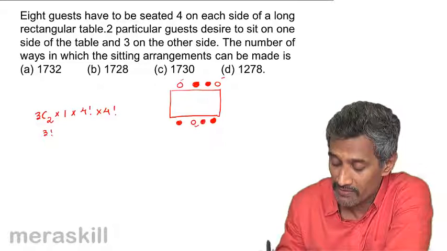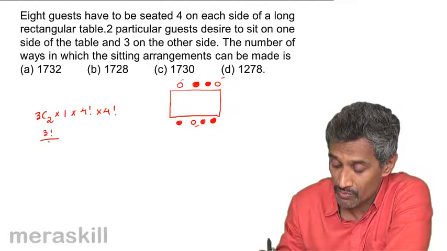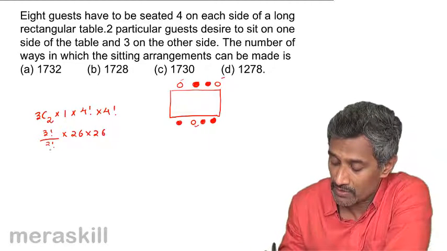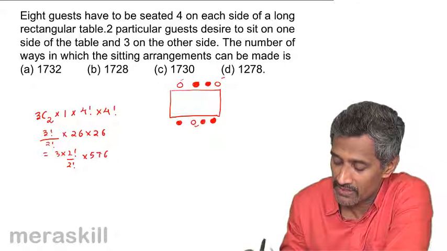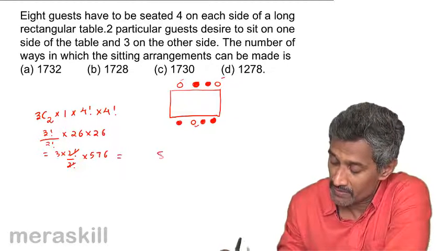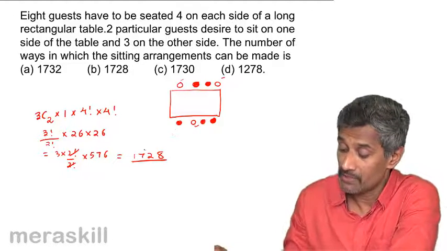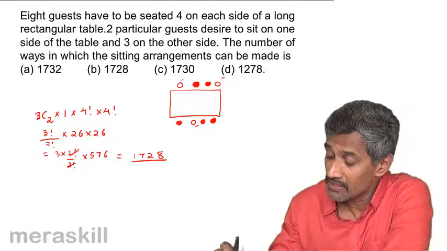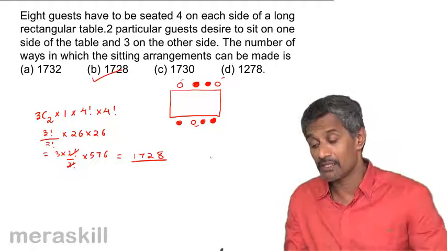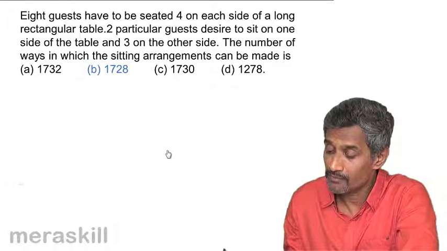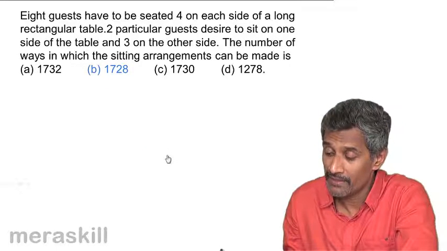So this turns out to be 3 factorial upon (3 minus 2) factorial into 2 factorial into 24 into 24, which will turn out to be 3 into 2 factorial upon 2 factorial into 576, which would be 1728 ways we can make this particular arrangement. So do we have it here? Yes, we do have 1728 ways in which the guests can be arranged within themselves. And yes, that's what we have.